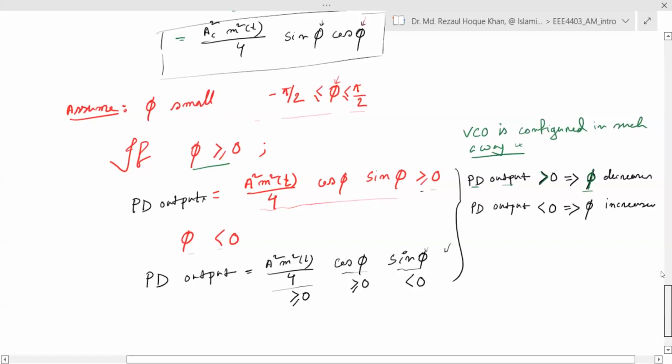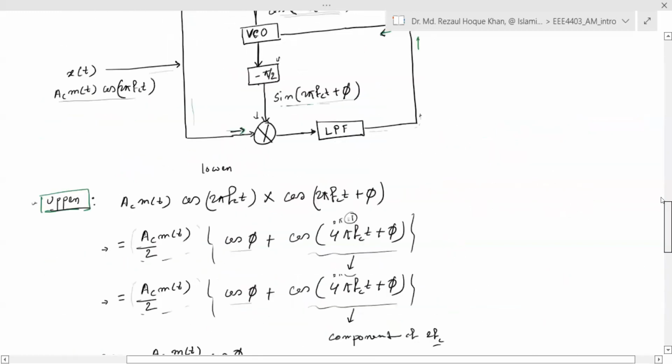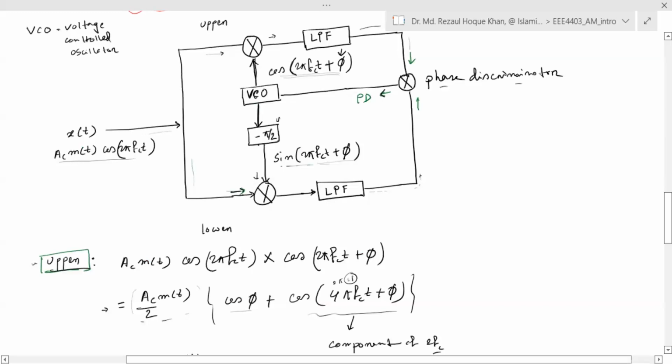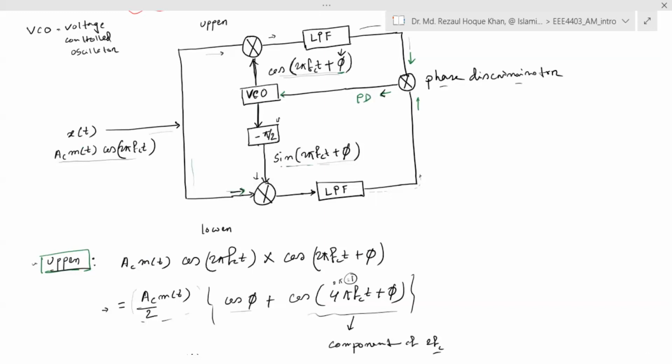What I am saying is that if the phase discriminator value is positive to the VCO, then the VCO reduces the value of phi.